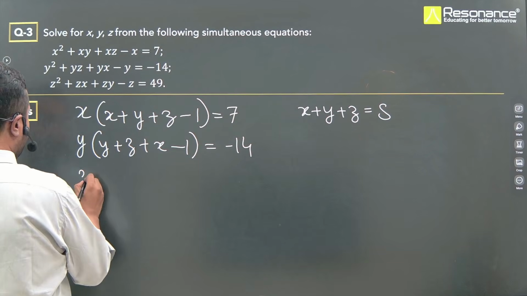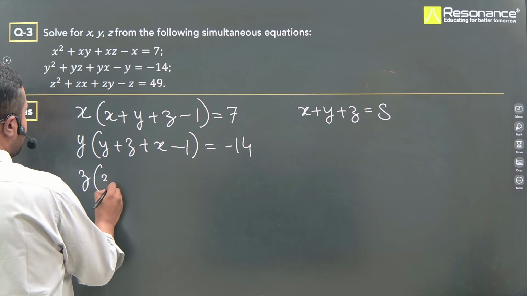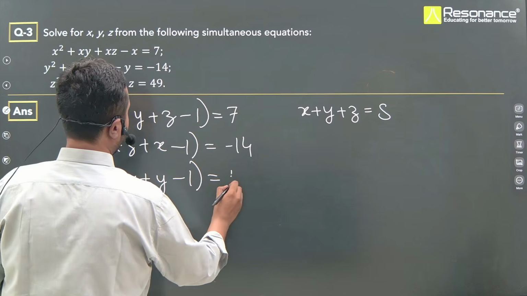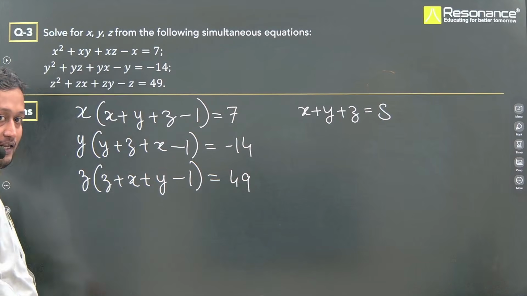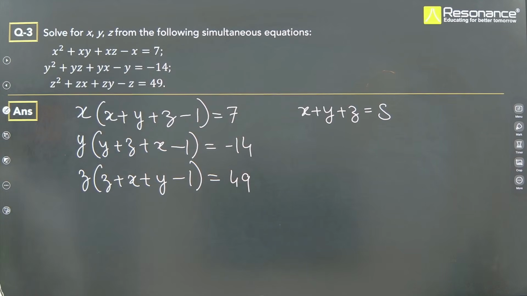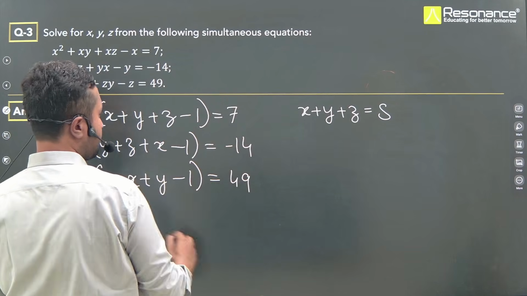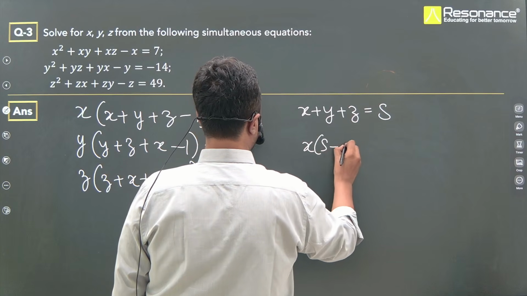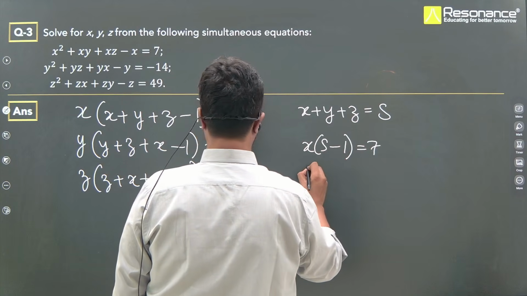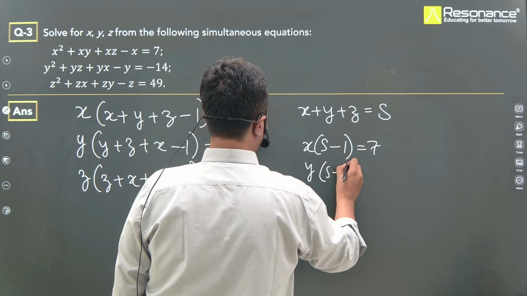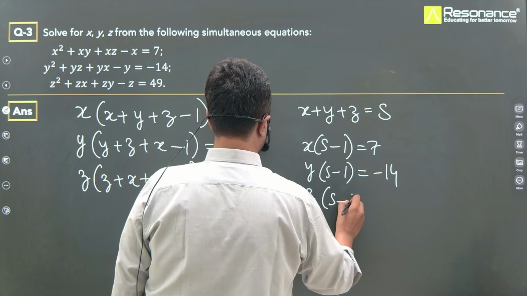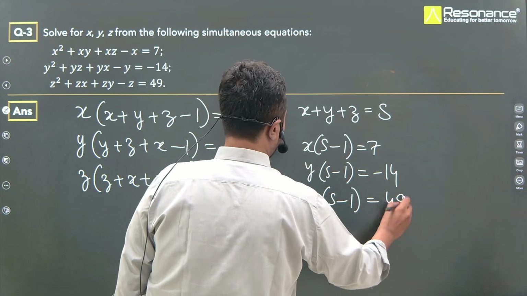And the last equation is z times z plus x plus y minus 1 is equal to 49. So if you make that substitution, you'll immediately notice that x into s minus 1 is 7, y into s minus 1 is minus 14, z into s minus 1 is 49.